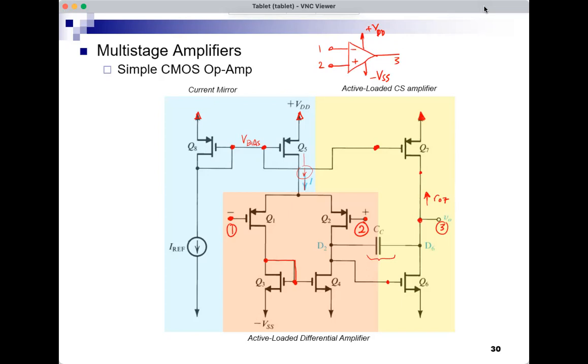There are other capacitors in the circuit that are due to the MOSFETs and due to the wiring. We're not showing them. I'm only showing CC. So this must be like an element that we're adding to the circuit. It's not parasitic. We are adding CC to the circuit.